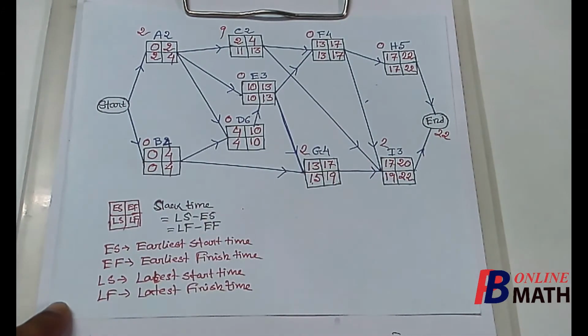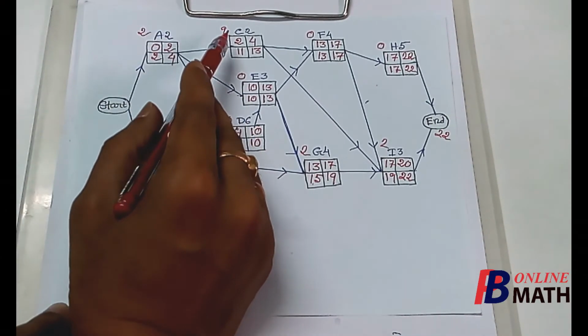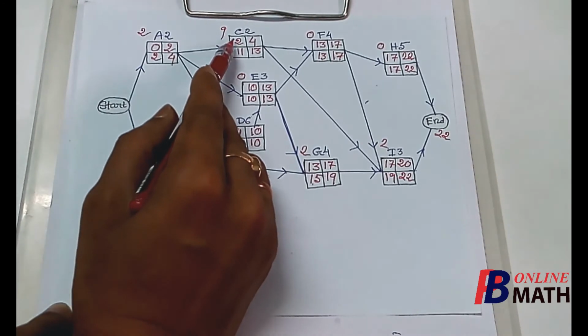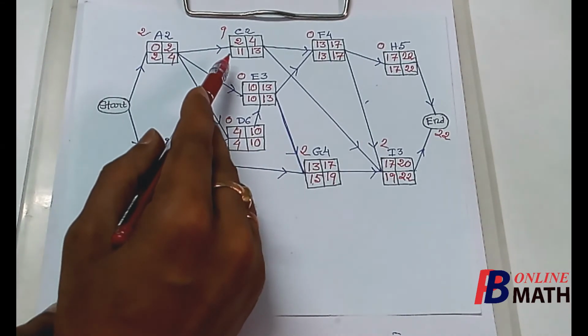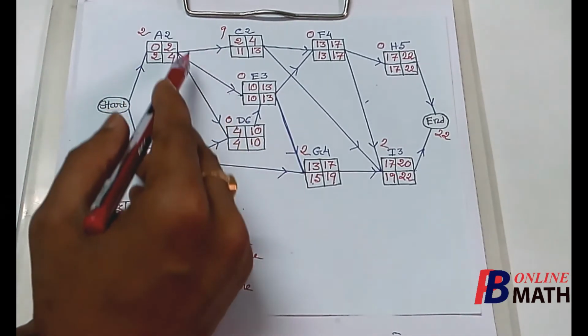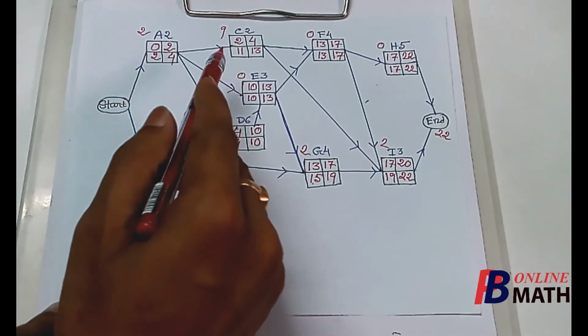But there are some activities where there are some slack times. That means there are some relaxation times. If we consider this activity C, then we find that for the activity C, the earliest start time is 2 days and the latest start time is 11 days. So the activity C can be started anywhere from 2 days to 11 days.